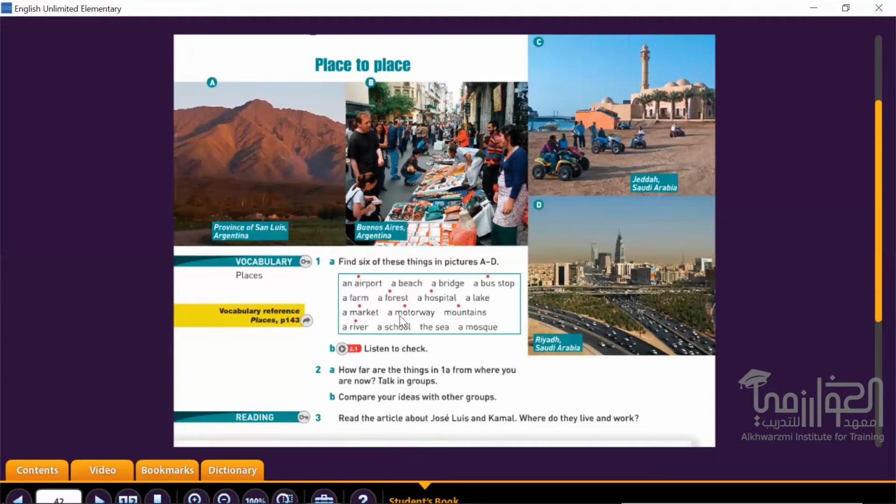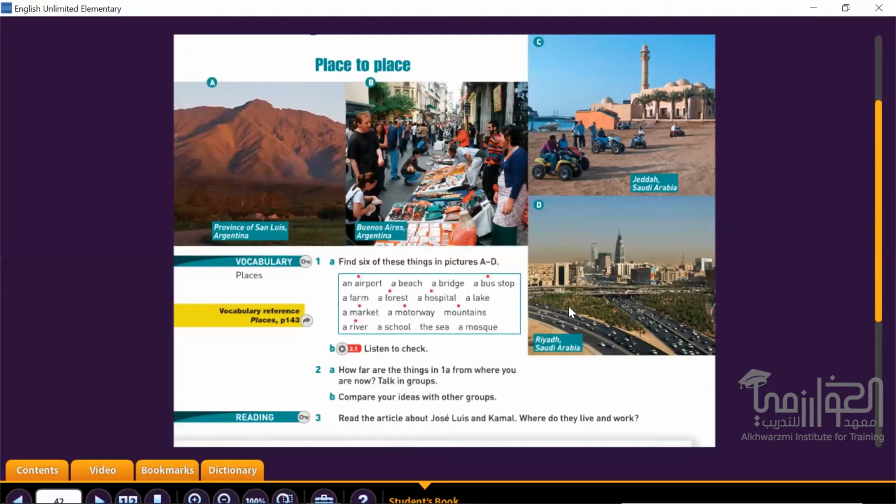Then we have a motorway. A motorway is Shari Sarsari, a motorway that is joining one city to another city. Can we see a motorway? Yes, in picture D, we can see a motorway.